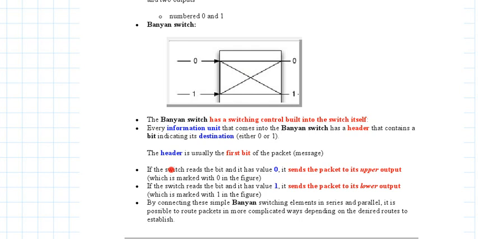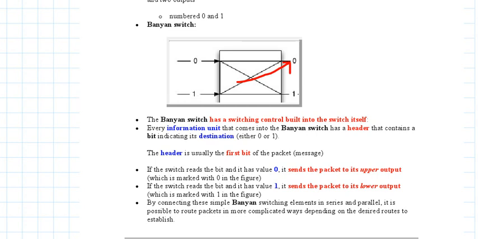If the switch reads the bit and it has a value 0, then it sends the packet to its upper output. So if the information which has arrived into the banyan switch contains 0 in its first bit of the packet, then it will be routed towards this output.